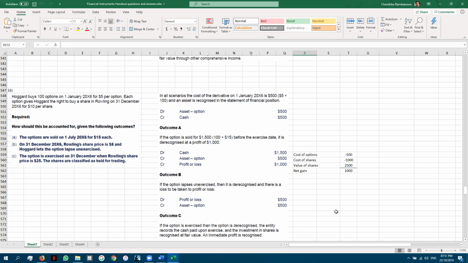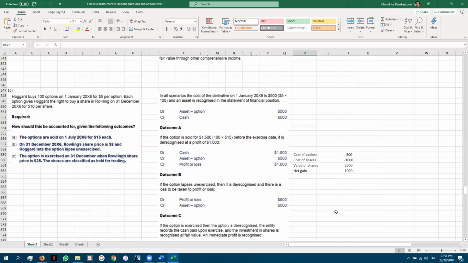Option B. On 31st December, Rowland share price is $8 and Hogarth lets the option lapse. Remember what I told you before in the previous example. If the actual price of the share falls below the $10, the exercise price as it's called, it makes no sense exercising the option.